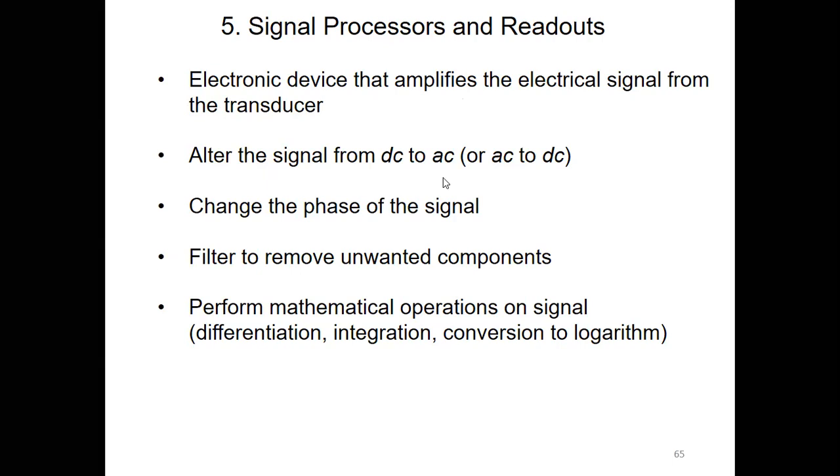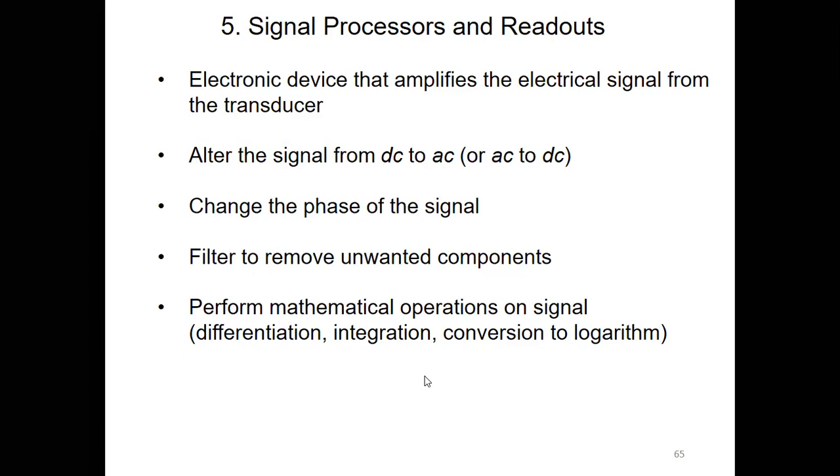And there will be some phase changes also. Signal phase of the electrical wave will be changed. And also there are some filters to remove unwanted components. If there are some unwanted components in the signal, there are some filters in the signal processors to filter them out.